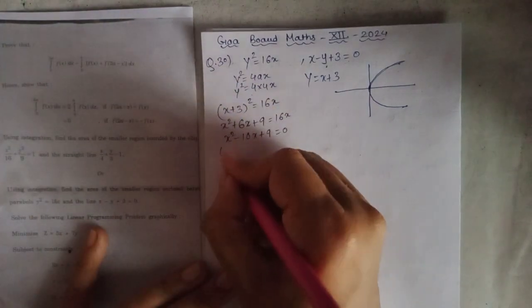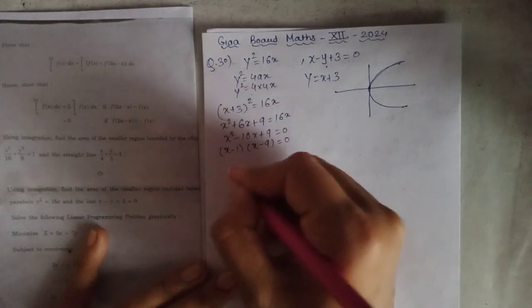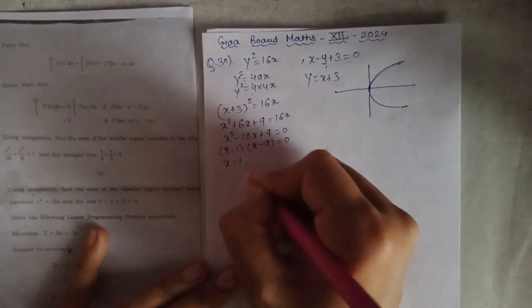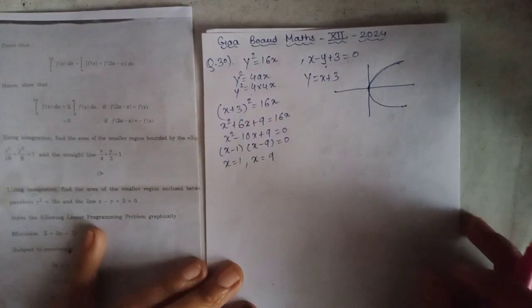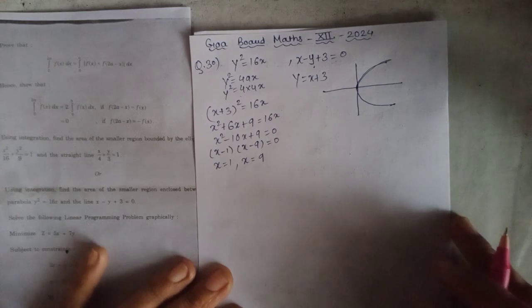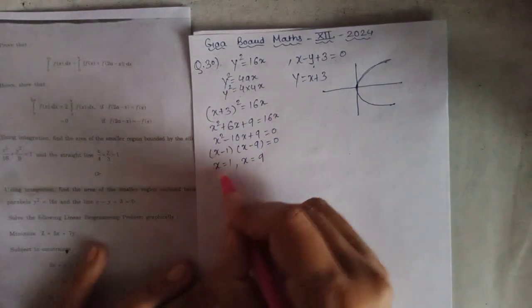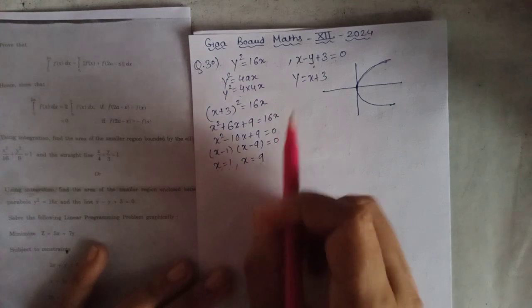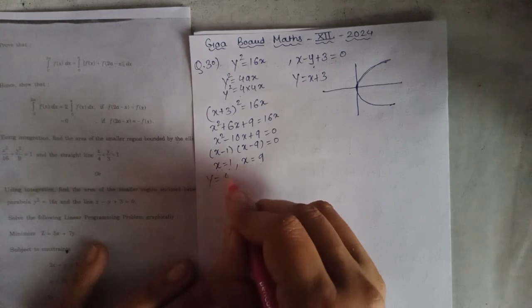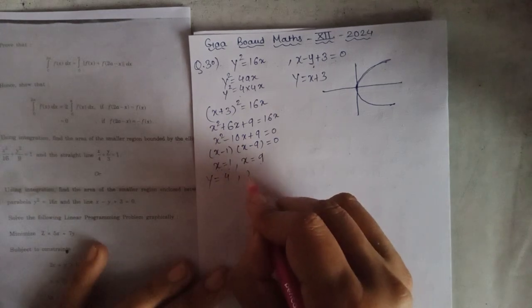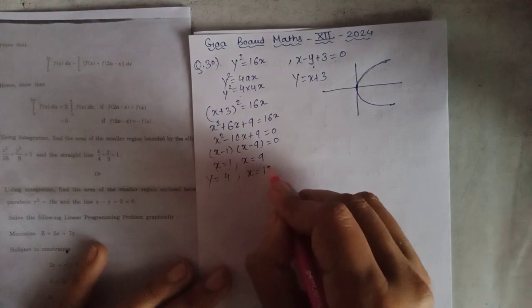Okay, so this will be x minus 1, x minus 9. So x is equal to 1 and x is equal to 9. Okay, so these are the x points. If you want, you can find the y points. So for x equal to 1, you will get y equal to 4, and for x equal to 9 you'll get y equal to 12.